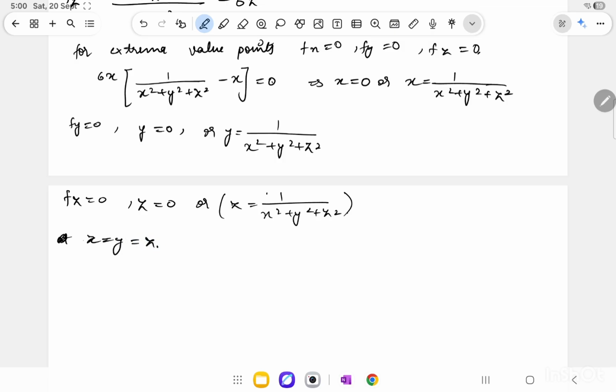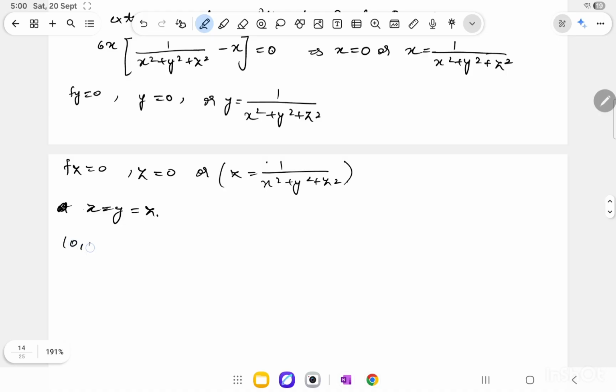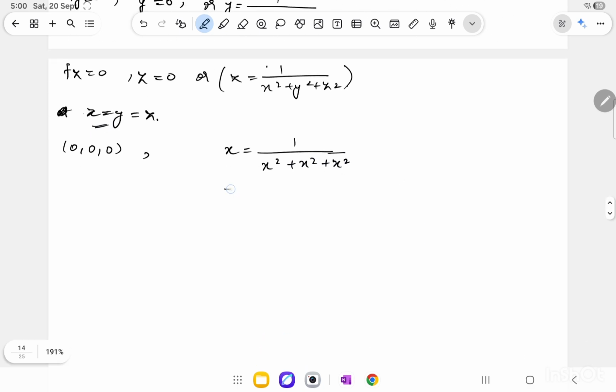So if I put x equals y equals z in any of these values, I get one point, which is basically (0, 0, 0), and the other will be x equals 1 divided by x square plus x square plus x square because of this. So from here I'll get x times 3x square equals 1, which gives x cube equals 1 by 3, and from here x equals (1 by 3) raised to 1 by 3.